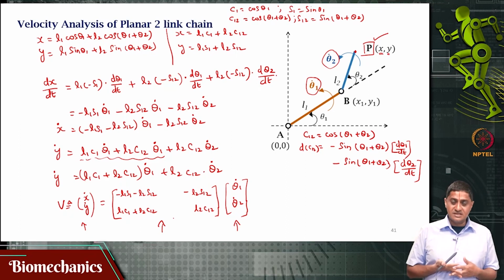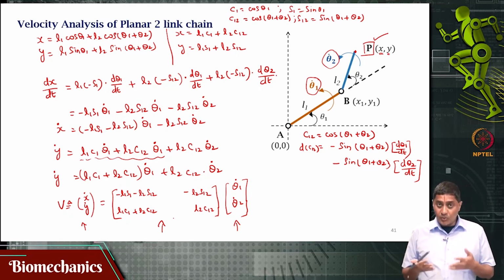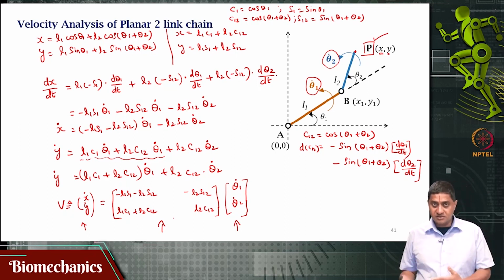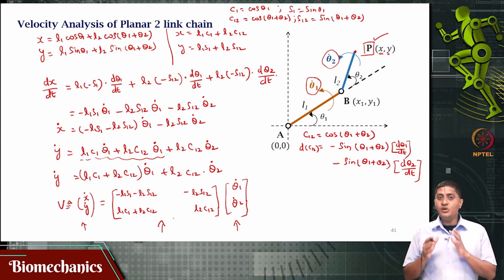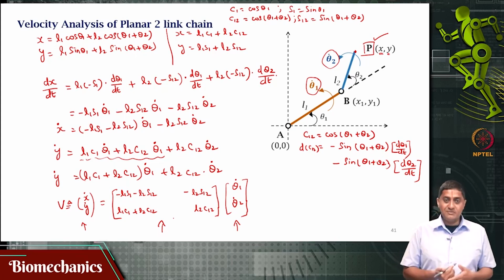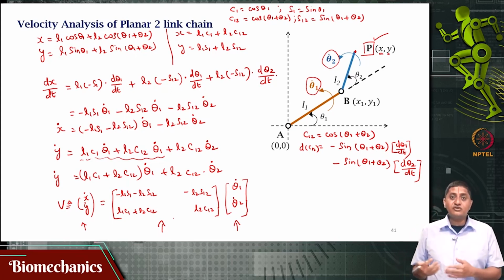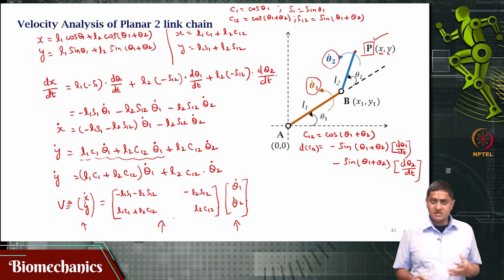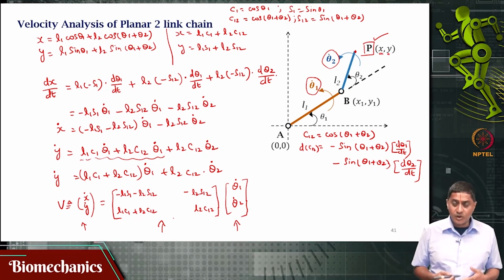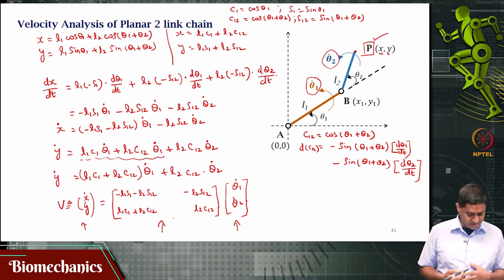Now this matrix here somehow miraculously relates theta 1 dot and theta 2 dot to x dot and y dot, or in other words, if I know theta 1 dot and theta 2 dot, this magical matrix can transform it to x dot and y dot, right. So, that means that this should have some special property, like how is this even achieved, right.